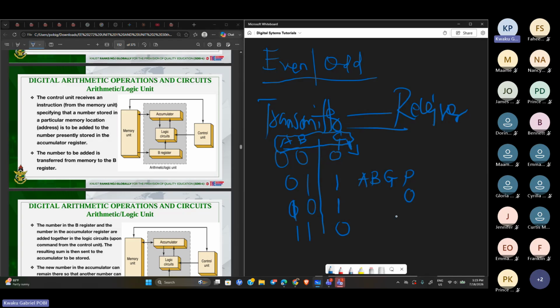If there is an odd number of ones in the message you received, then you append what? A 1 to make it even. So it means you are correcting the error that wasn't what you were supposed to receive. That's the whole idea about the parity generator and checker.